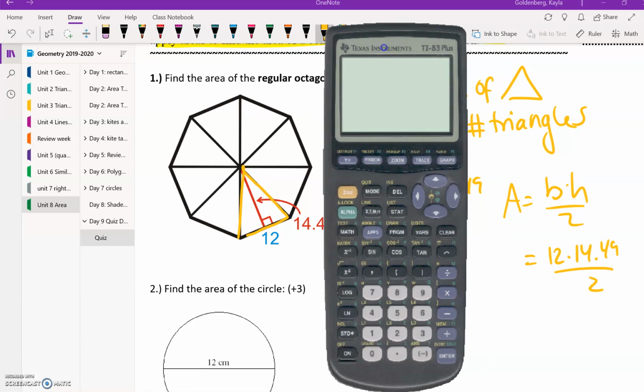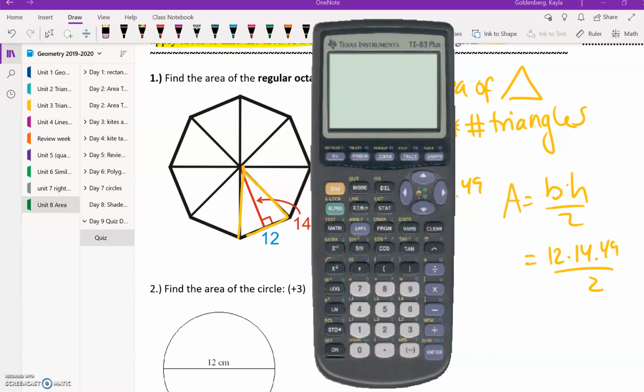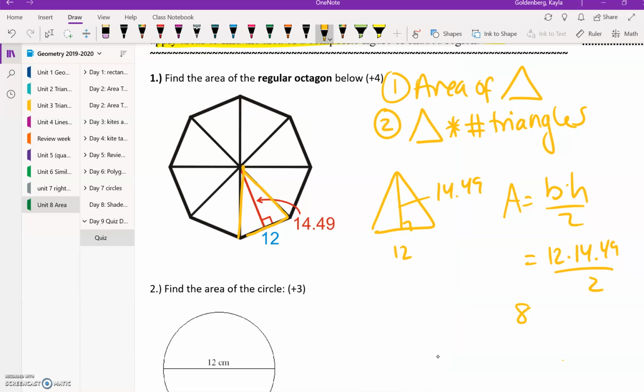So I'm going to pull up my calculator real quick. Okay, so 12 times 14.49 divided by 2. And it looks like it's about 86.94. I'm going to leave all the decimal points there because that's my area of one triangle.